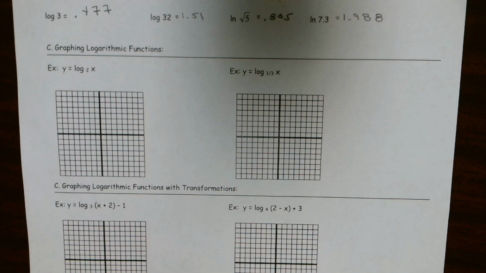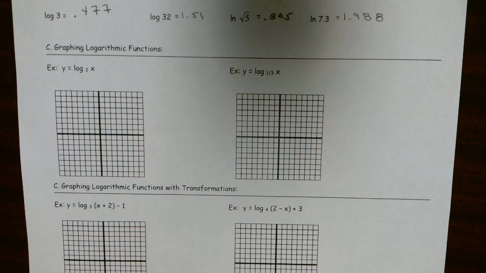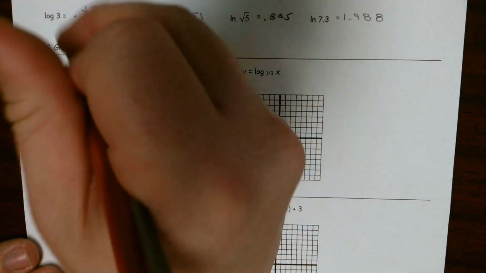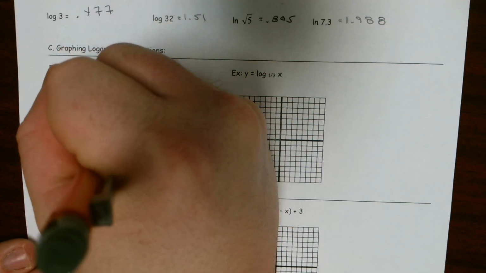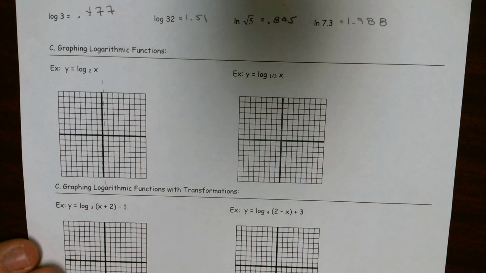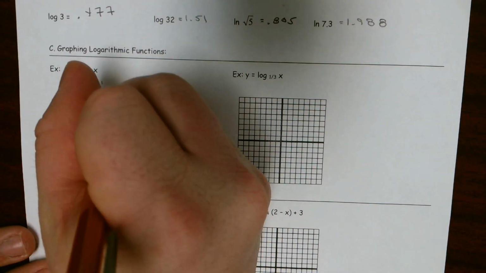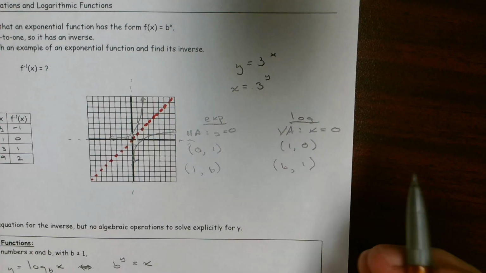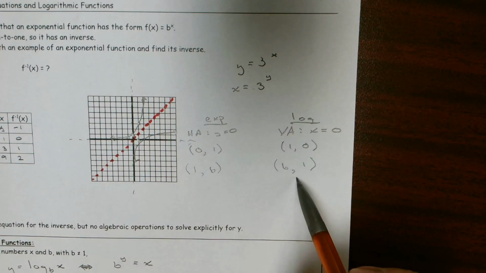So now let's take a look at graphing some logs here. Okay, so we know if it's a logarithm, it's going to have a vertical asymptote at x equals 0. So I'm going to go ahead and draw that. It's got a vertical asymptote at x equals 0. Whenever I plug in 1, I'm going to get out 0. So the point 1, 0, all I'm doing is referencing this table right here.